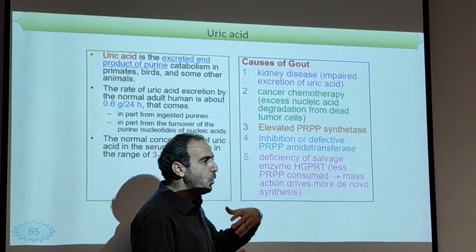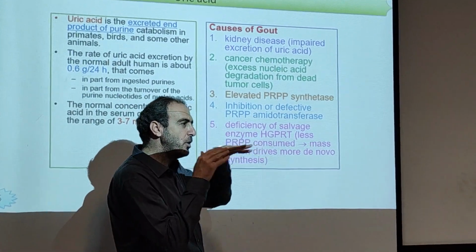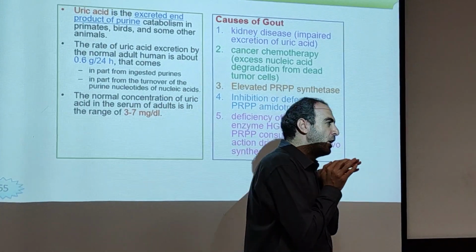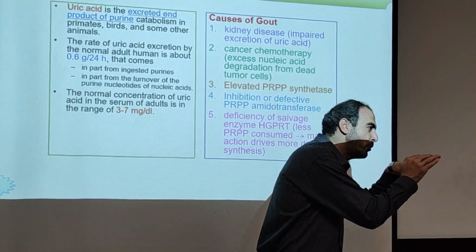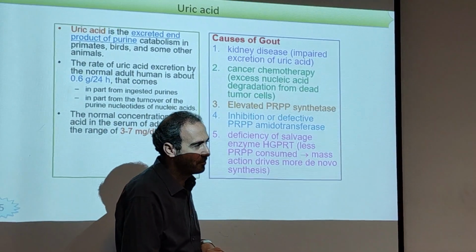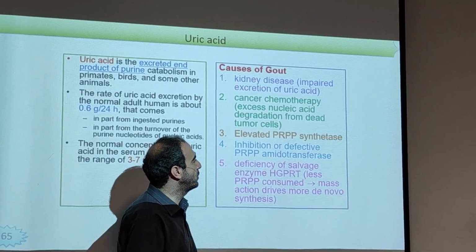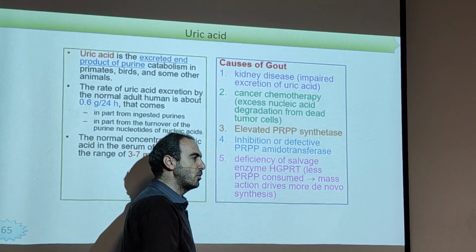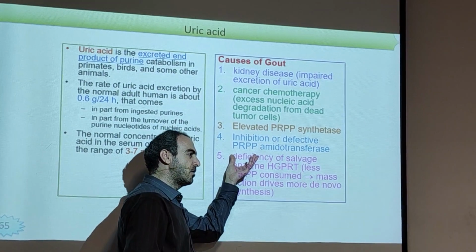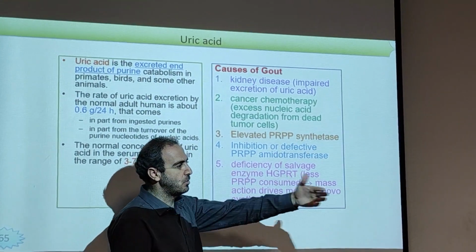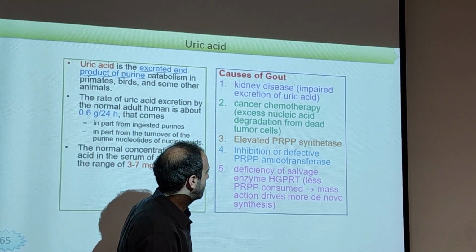As you saw, when PRPP is high, PRPP itself increases the purine production. An inhibitor of defective PRPP aminotransferase, as you saw, if we can't inhibit aminotransferase, also purine synthesis is increased.